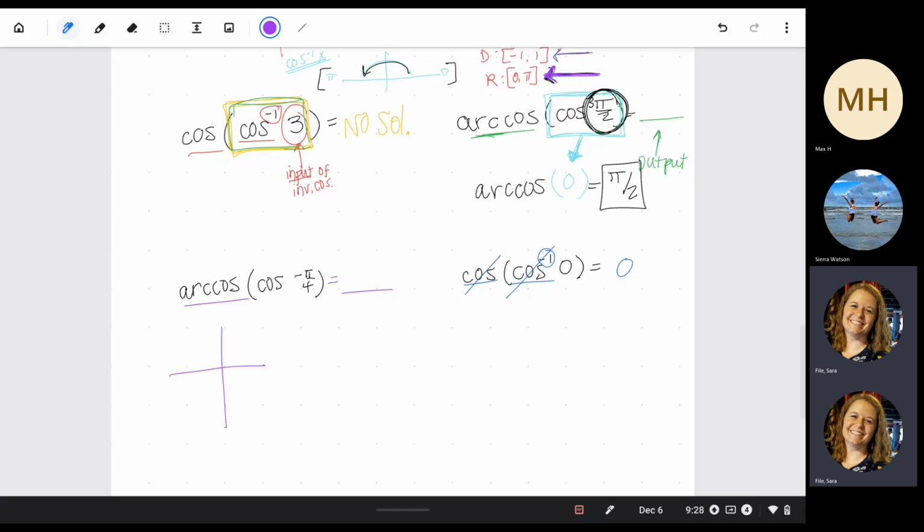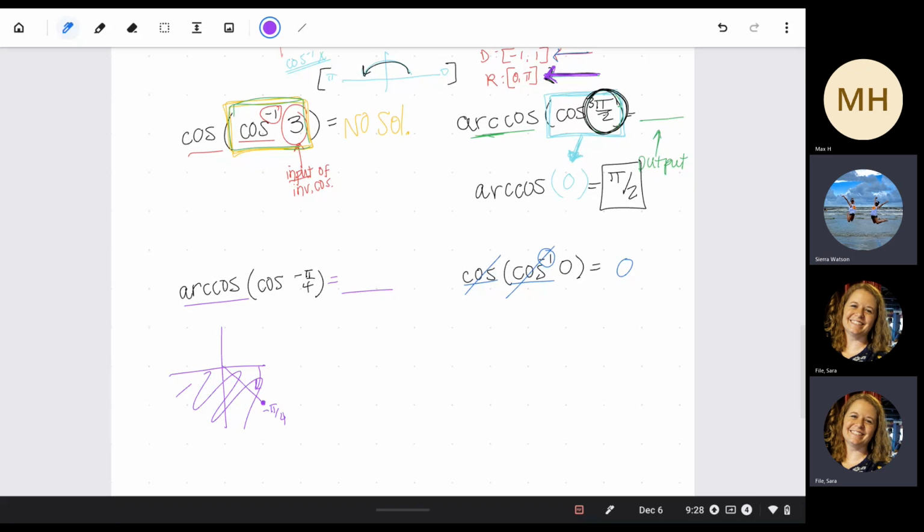So again, I have to work inside out. So negative pi fourths is here. But I'm not supposed to have an answer down here. What is cosine's value here at negative pi fourths, though? Square root of 2 over 2.